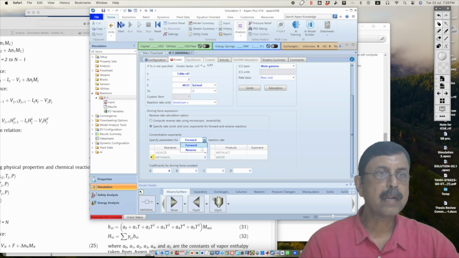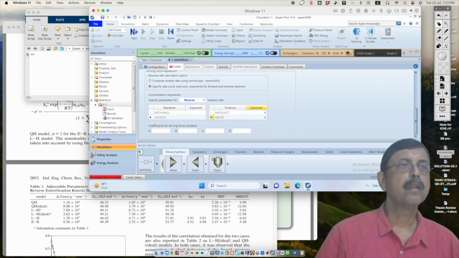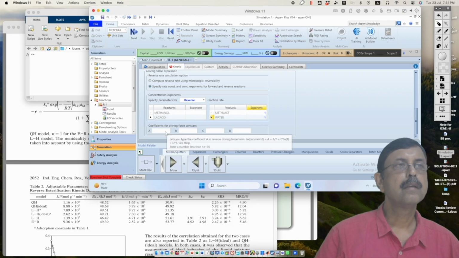So forward case, K is equal to 1. And for the backward case, the reverse case, this will be 1 and this will be 1. And we have to provide some value to A, and here it is 0.0176.